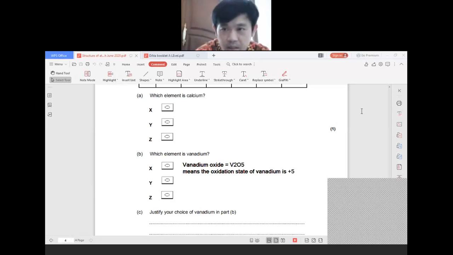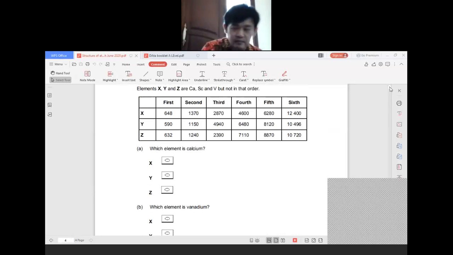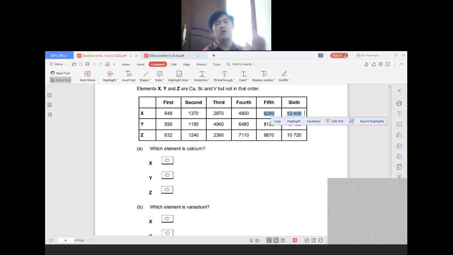Now let's see this one. Between X, Y, Z, which one has the highest jump from the 5th to the 6th? It is this one, X, because this one 6300 becomes 12,400, so around 6100.